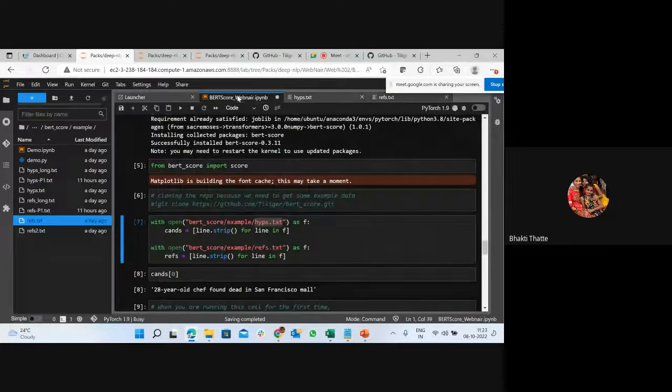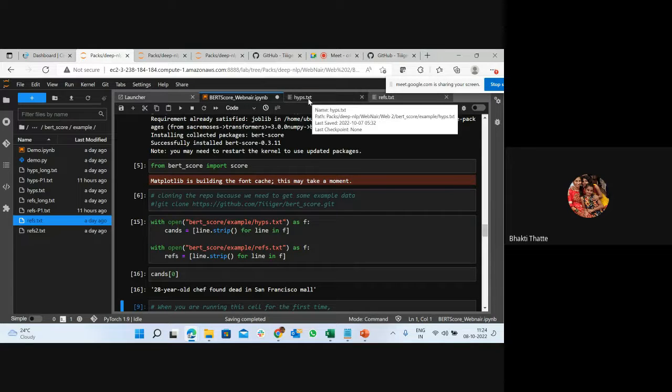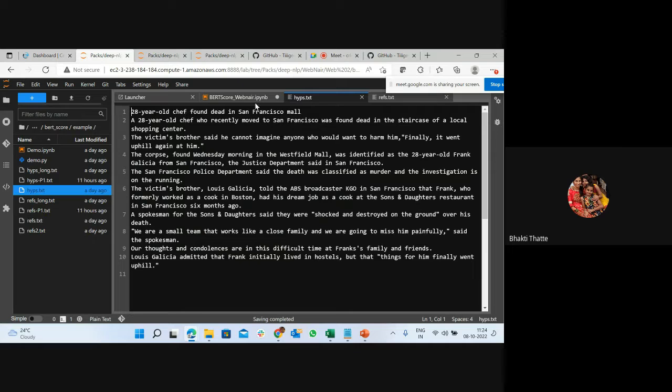So I'm assigning these files to cands and refs. After assigning, I'll rerun this. Then if we look at the first line in the cands, it is the hypothesis sentence.